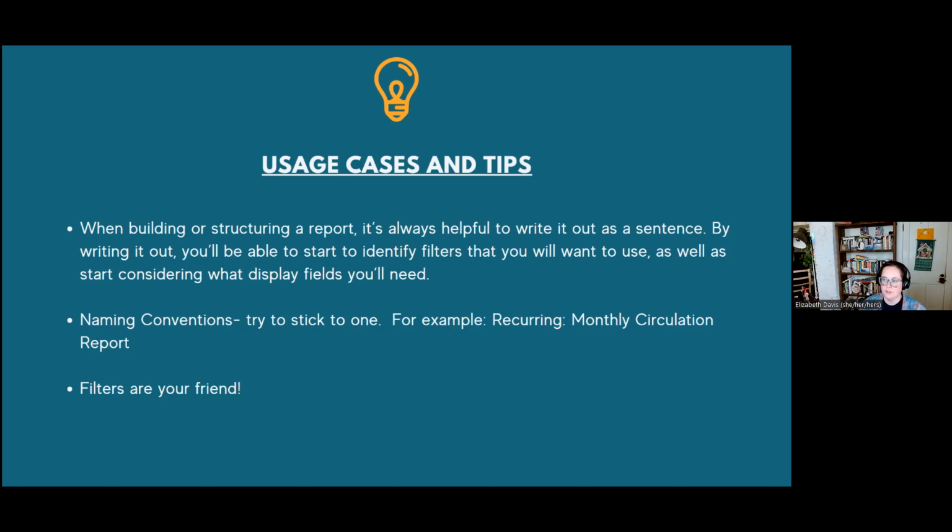And then filters: you can do a lot with filters in the searching of the template or your reports, but you can also do it when you're building it. Sometimes it's easier to put a lot of information in the display fields, and then when you run it, it will help you identify if it's running correctly.